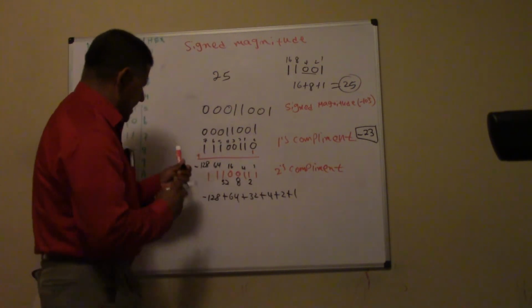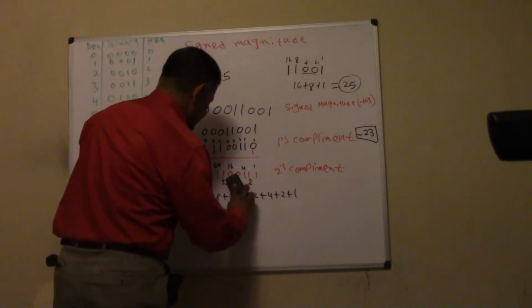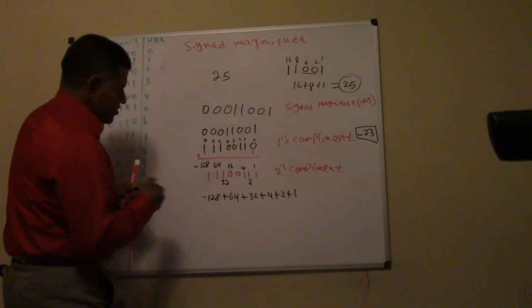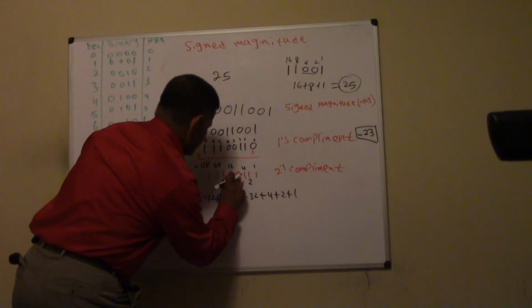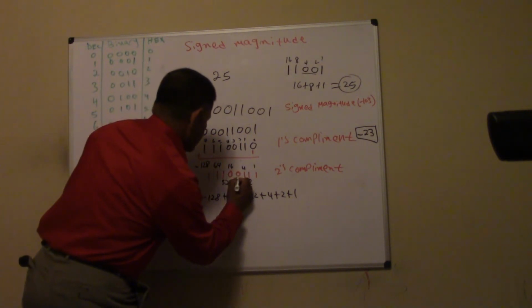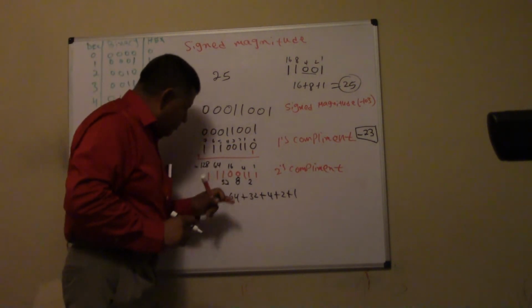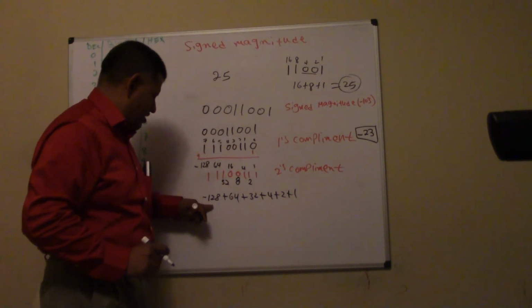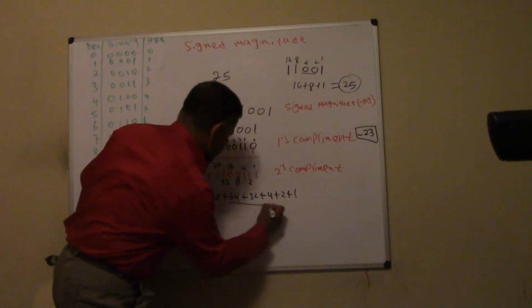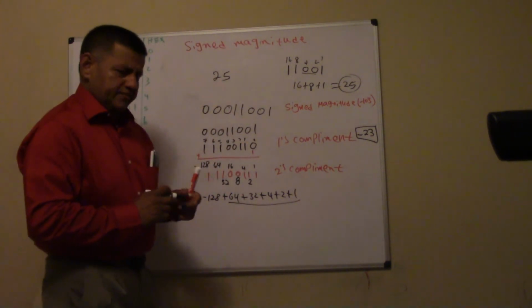So I am adding all these numbers. I am adding all the positive numbers to the negative number, to see if I get negative 25.